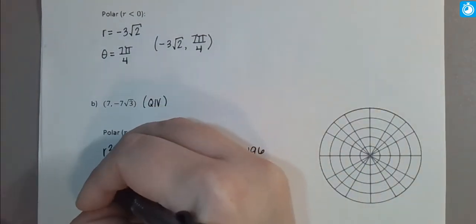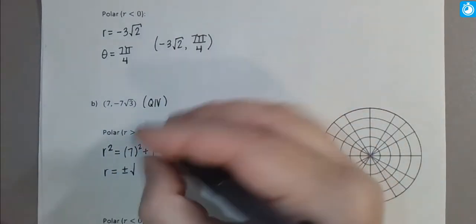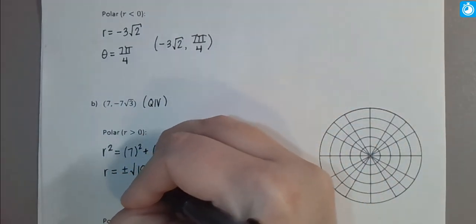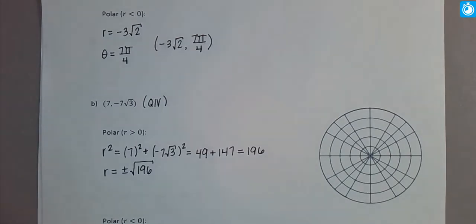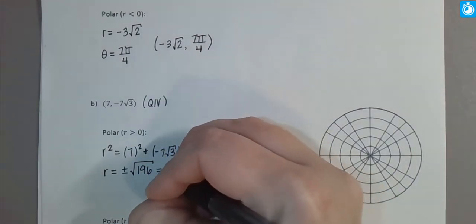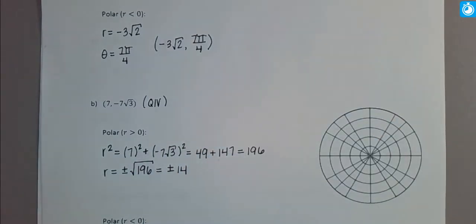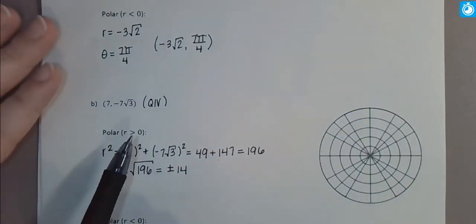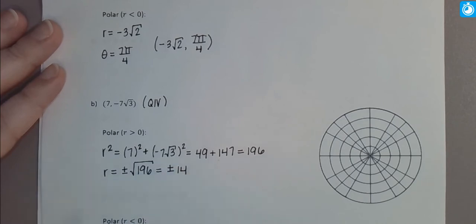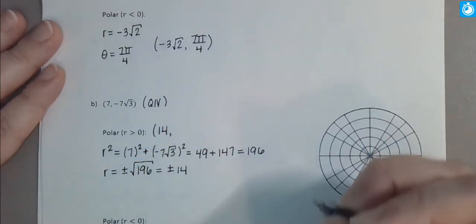So that means r is going to be the positive or negative square root of 196. And as it turns out, 196 is actually a perfect square. So that's either going to be positive or negative 14. So if we want r to be greater than 0, of course, we're going to have to choose positive 14.